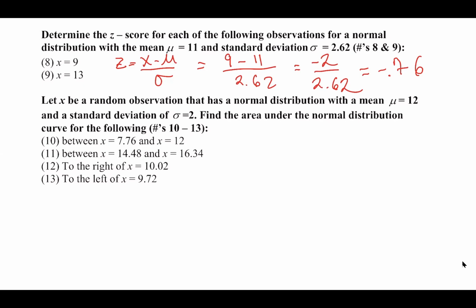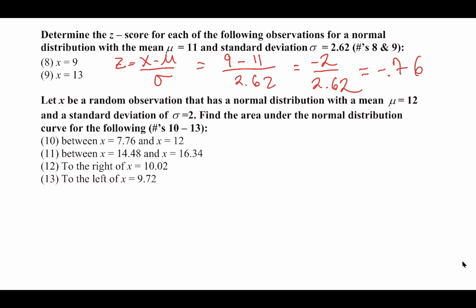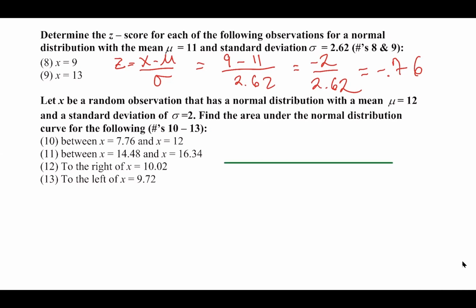For this one, we'll draw it out. It tells us the mean is equal to 12. Number 10 says between 7.76 and 12. That's the area that we want to find.